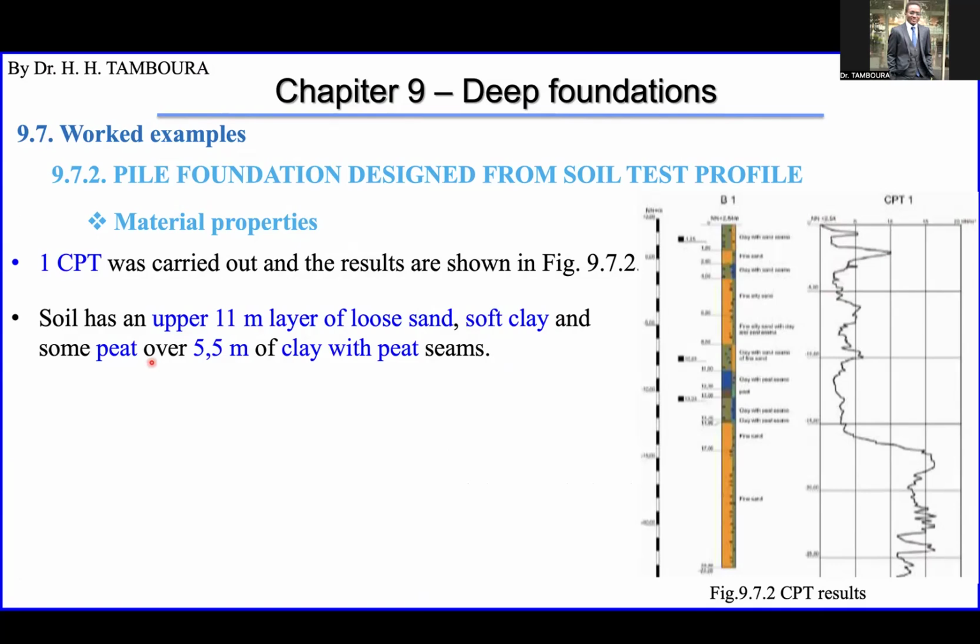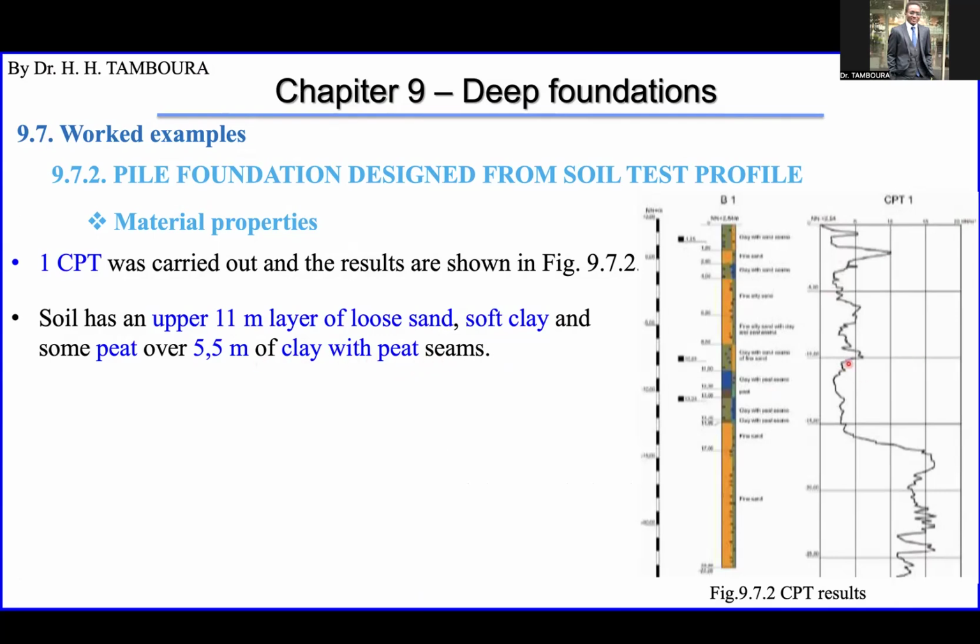Then below that, you have around 5.5 meters thickness of clay with peat.